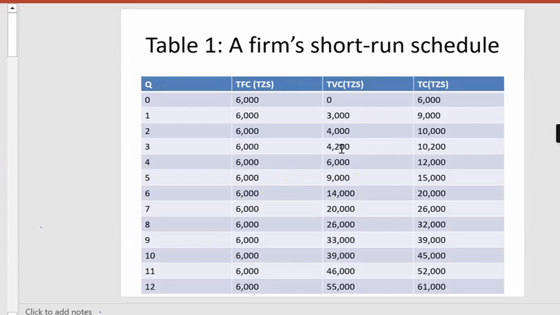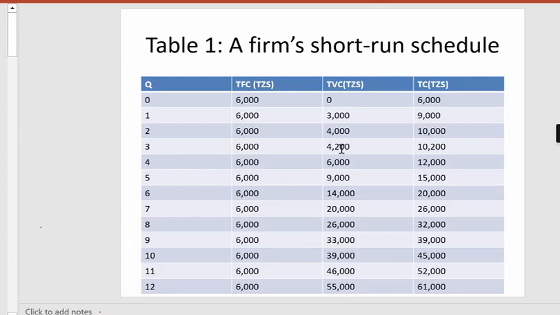And this is the total variable cost. Total variable cost varies with varying what? Output. You see, when output was 1, the fixed cost is there. It's similar, 6,000. This is a variable cost, 3,000. Variable cost, this is the cost of other factor inputs that can vary.